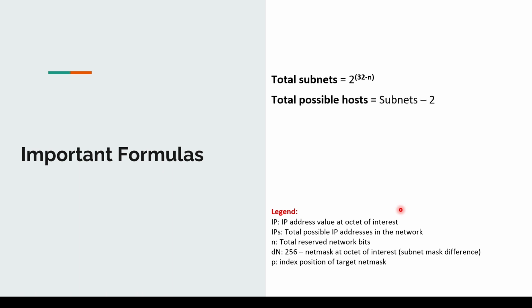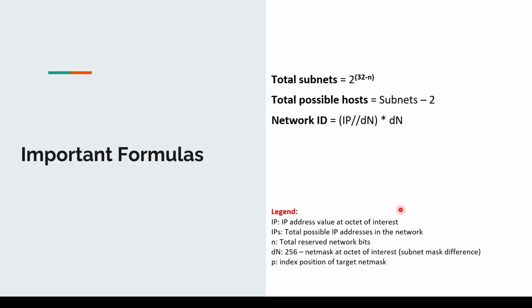Then we have the possible hosts, that is the usable IP addresses, and it's usually the total subnets minus 2. Remember, we have the network ID and the broadcast IP. Those are reserved for special functions, and the IPs in between can be assigned to individual devices. So we have the subnets minus 2 to give you the total possible hosts or the usable addresses.